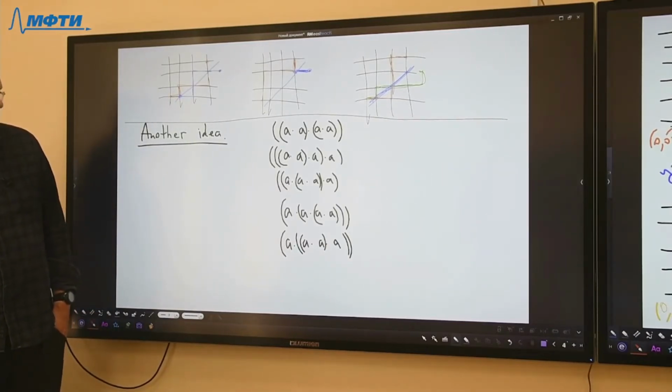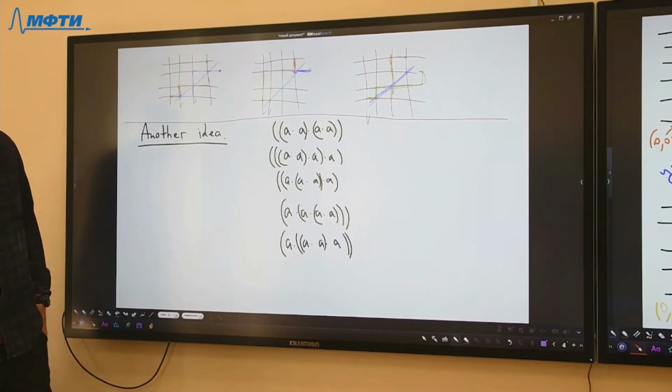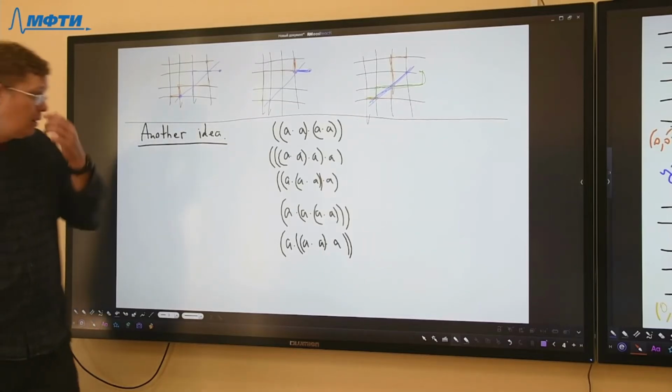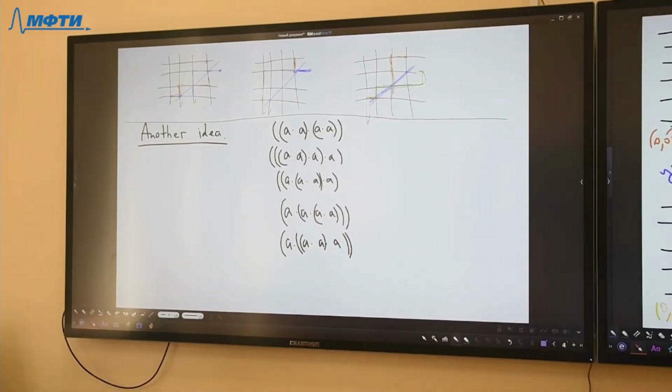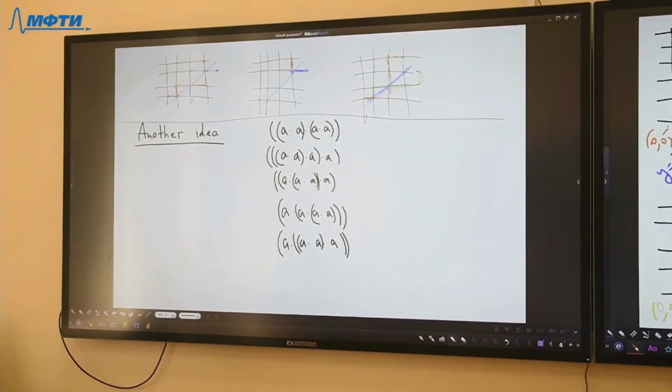Yeah, something like that, if I don't mistake here. So I want to write a code for this multiplication.